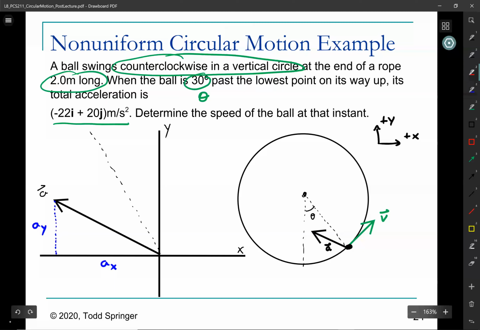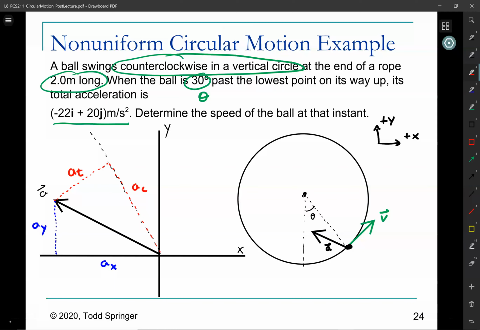To do that, I need to cast the shadow of the acceleration onto that line there. This one here is perpendicular to the radius. This is the one which we would call a_t, tangential acceleration. And then this line here would be the centripetal acceleration, a_c.